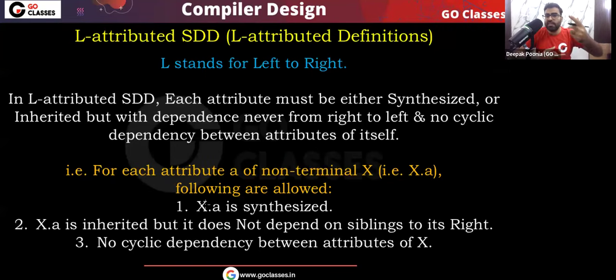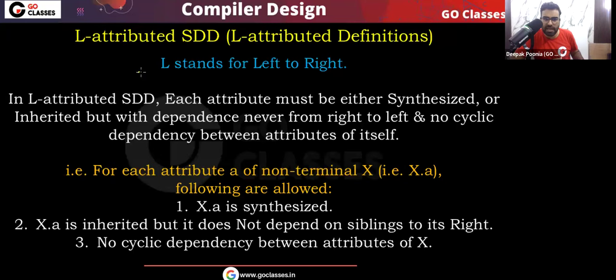Now, which inherited attributes are allowed? There is a condition. Inherited attributes are allowed, but the dependency should never be from right to left, meaning from the right sibling you cannot take data.